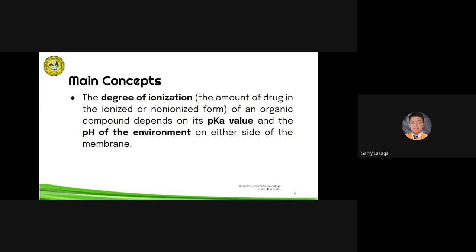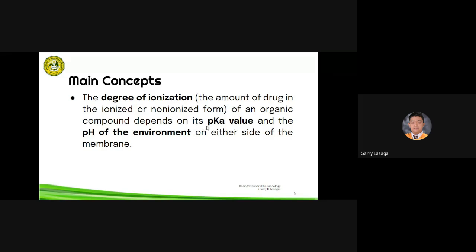The value of the pKa can tell whether a particular drug is a strong acid or a weak acid. It can also tell whether a particular drug is a weak base or a strong base, depending on its pKa value.